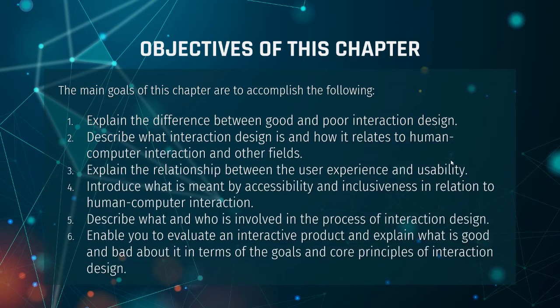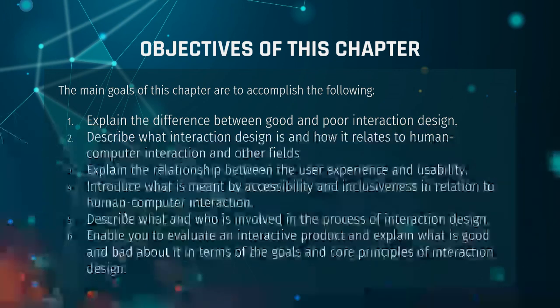Okay. So next, after this chapter, you'll be able to explain the relationship between the user experience and the usability. And next is for you to introduce what is meant by accessibility and inclusiveness in relation to human computer interaction.